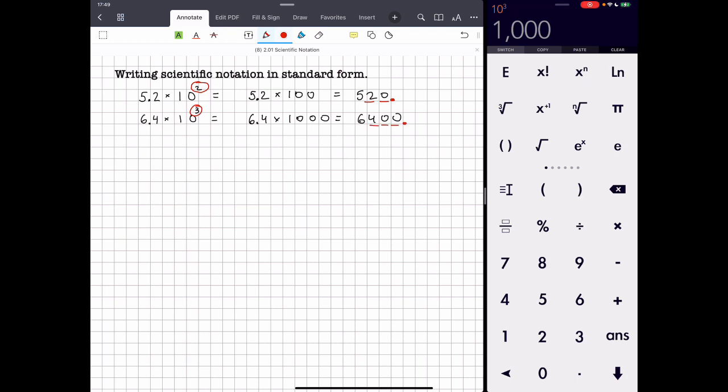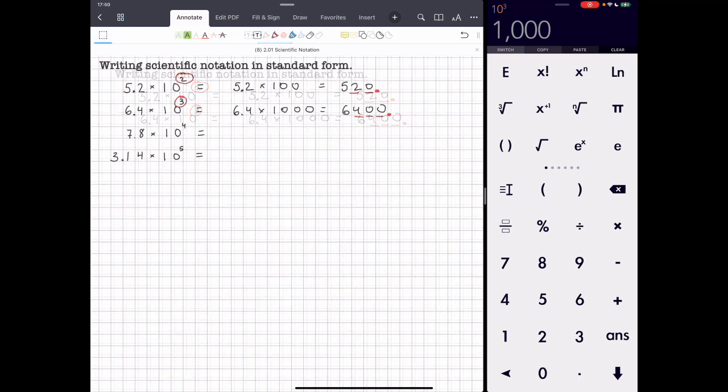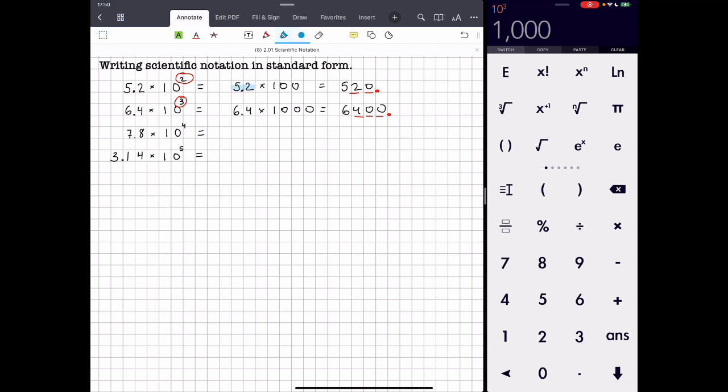What do you think is going to happen when we multiply by 10 to the 4th or 10 to the 5th? We can use our observation from the first two problems that the exponent told us how many places we would move the decimal point and apply that into the other problems that we have. This will save us time from writing out an expanded or product form like this.